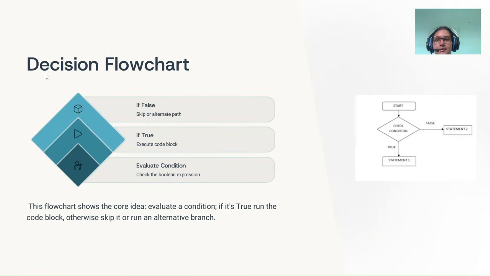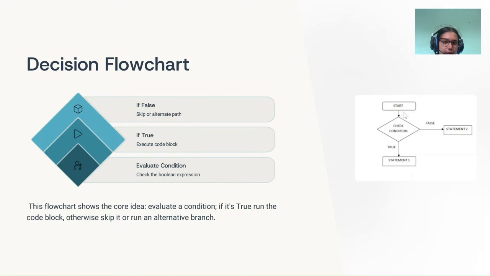So this flowchart is basically to visualize the conditions, right? First we evaluate the condition. If it's true, we execute it. If false, skip to the alternate path. You will be able to understand this better after I explain the if condition to you. This basically shows the core idea of a condition.